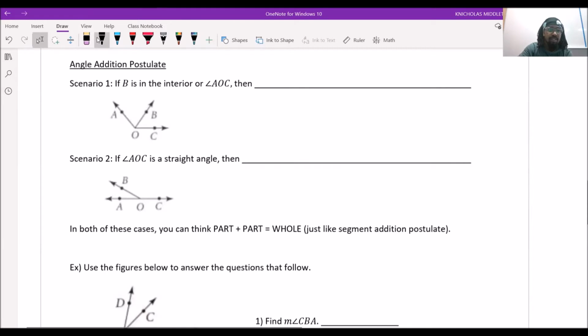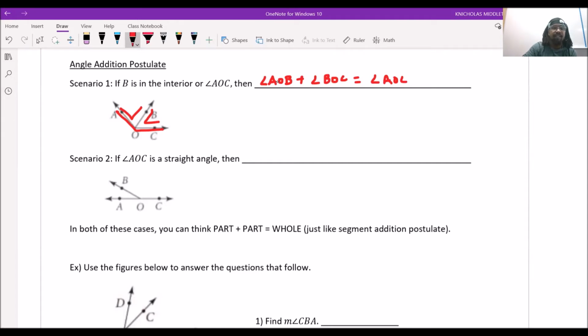If B is in the interior of angle AOC, then we can use the angle addition postulate, which is part, angle AOB, plus angle BOC equals the whole thing, angle AOC. Again, part plus part equals whole.